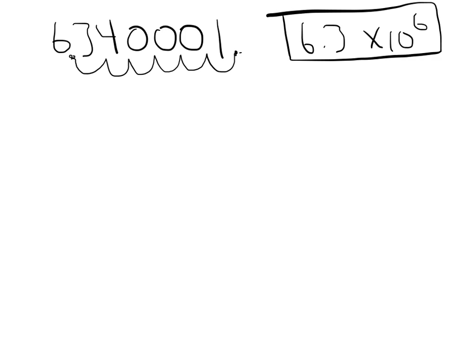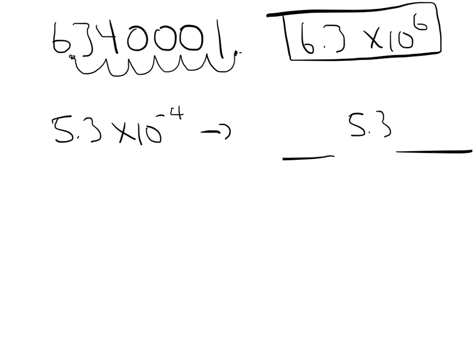All right. The opposite, taking a number that's in scientific notation and writing it out, I don't want to patronize you, but let's do one together here. Say 5.3 times 10 to the negative 4. So to do this, I write 5.3, and I'm leaving myself space both on the right and the left here.